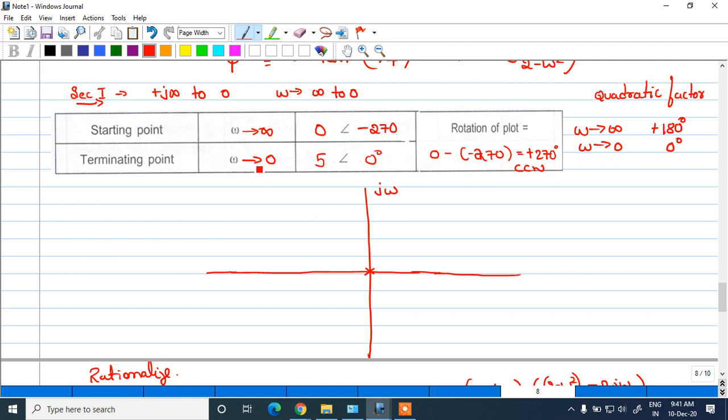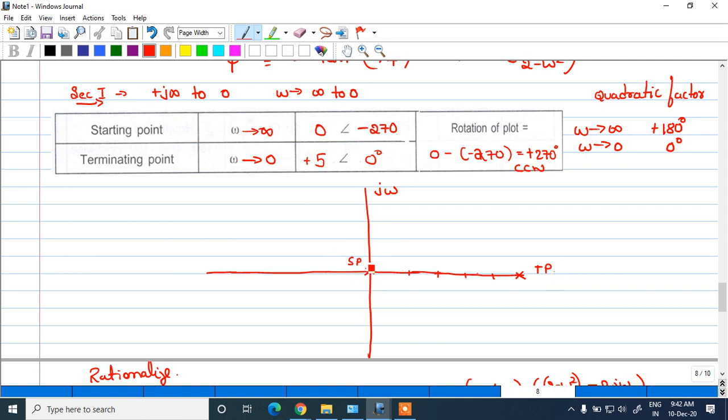When I substitute omega as 0, I am getting 5 with 0 degree. So the value is plus 5, that will be at 0 degree. So let me take 1, 2, 3, 4, 5. So the starting point is done and the terminating point is done.